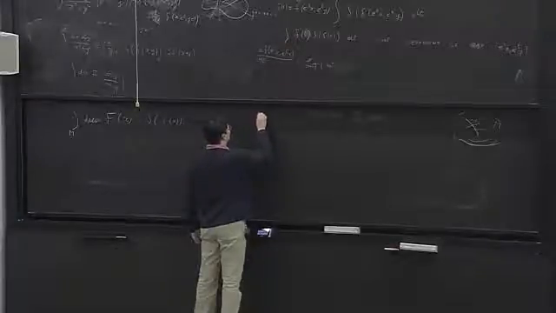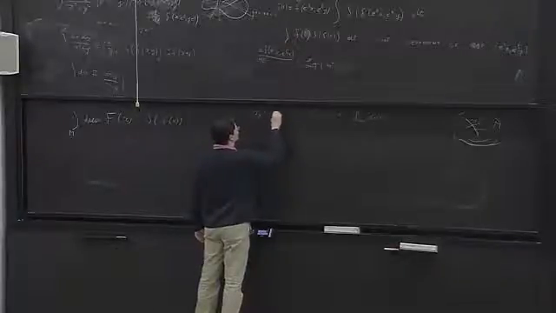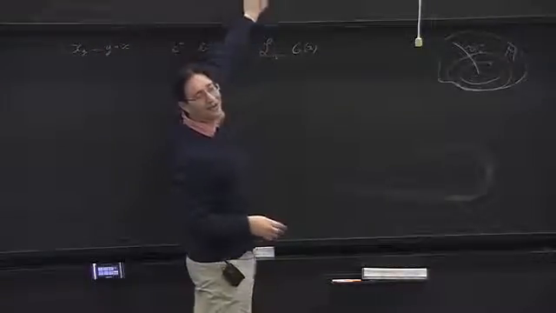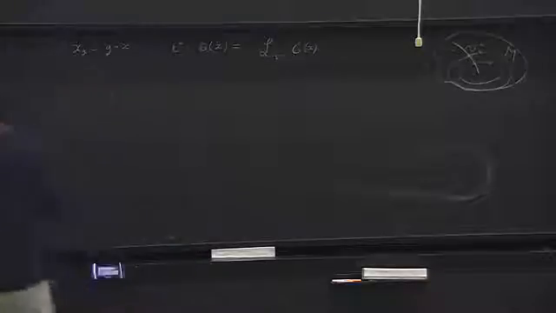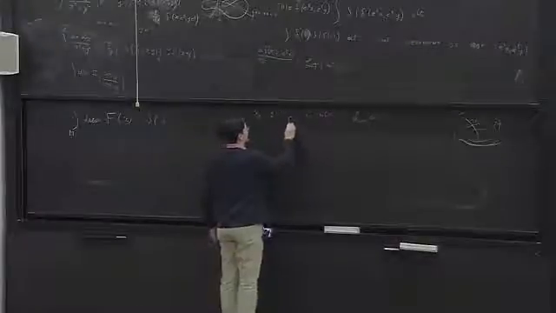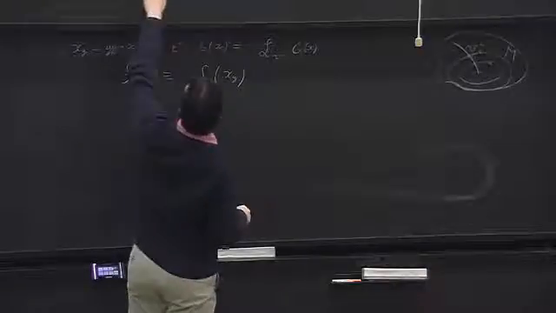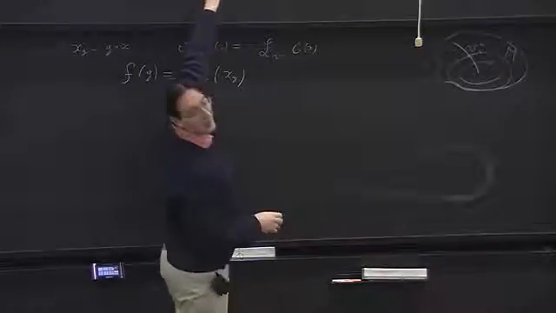Let me write x^g as the result of acting with g on x. This is like e^{tx}, e^{ty}. So let me take my f of g over there to be actually f of x^g, the same way as here, where I used f of e^{tx}, e^{ty}.